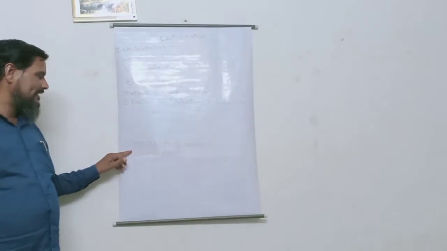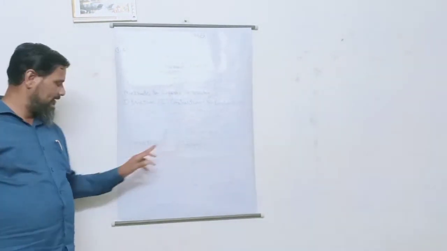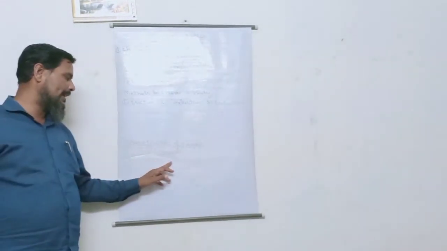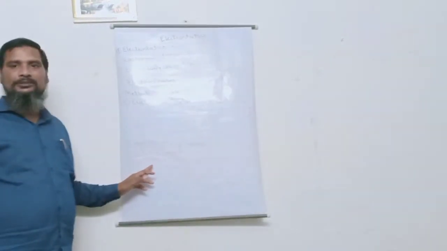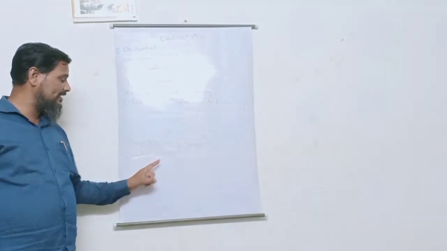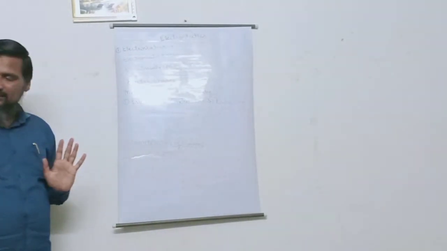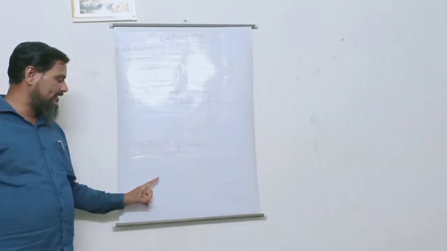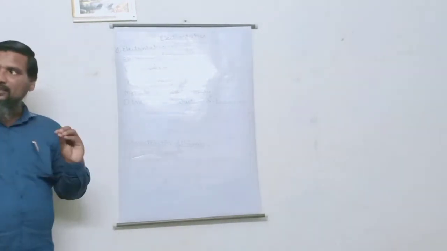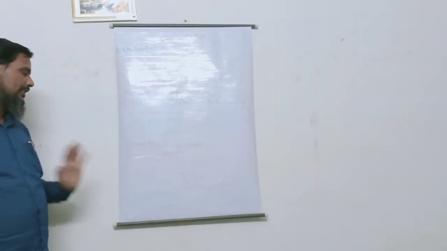The first one is charge is a scalar quantity. The second one is it is measured in coulomb or statcoulomb. The third one is there are two kinds of charges, positive charge and negative charge. And the fourth characteristic is like charges repel each other and unlike charges attract each other.